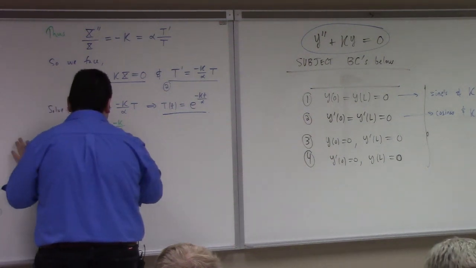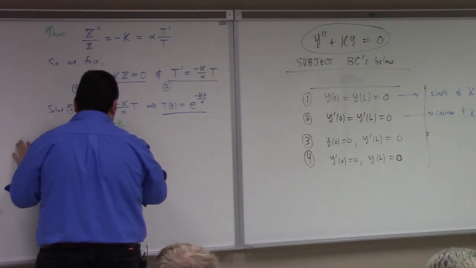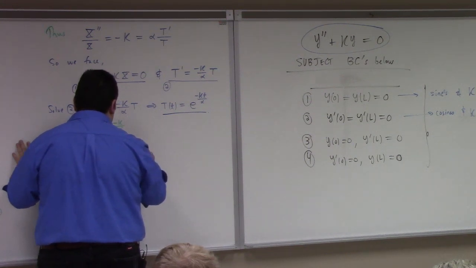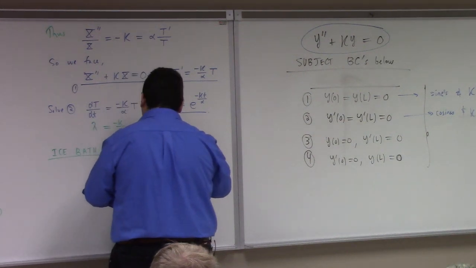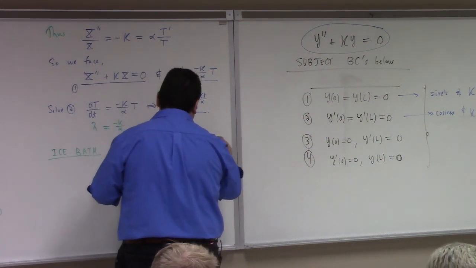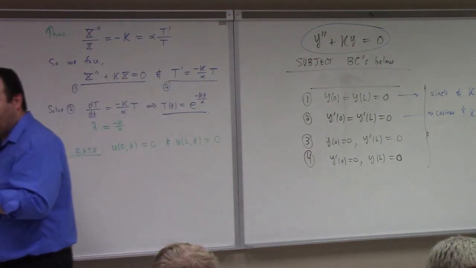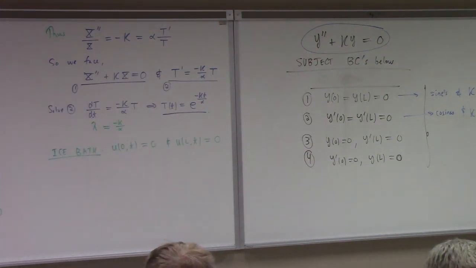In other words, u of 0 comma t equals 0, and u of L comma t equals 0. The neat thing is that if we study these and feed them to the product solution, we get the same boundary value problems for our x function.